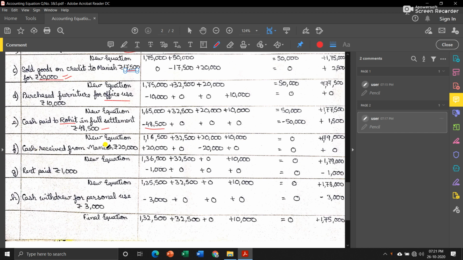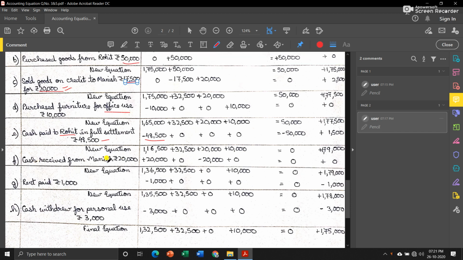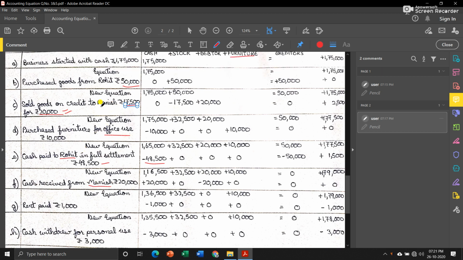Then next, cash received from Manish 20,000. So Manish, is there any transaction related with Manish? Yes, there it is. We sold goods on credit to him worth rupees 17,500 for 20,000. That means we were supposed to receive 20,000 from him, so he paid us 20,000.